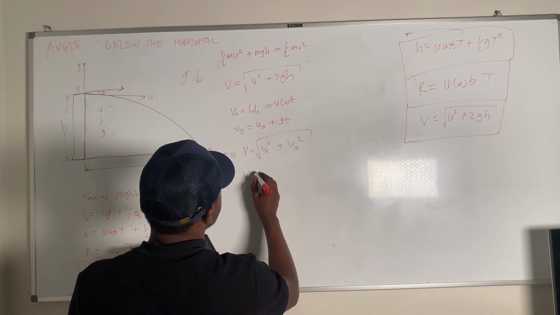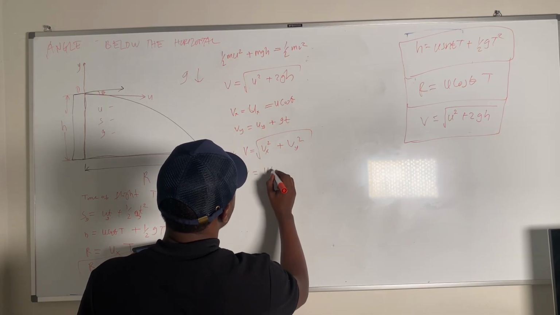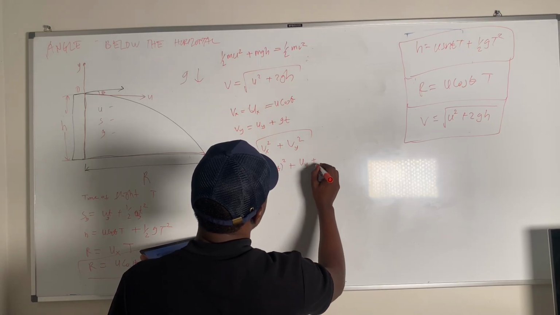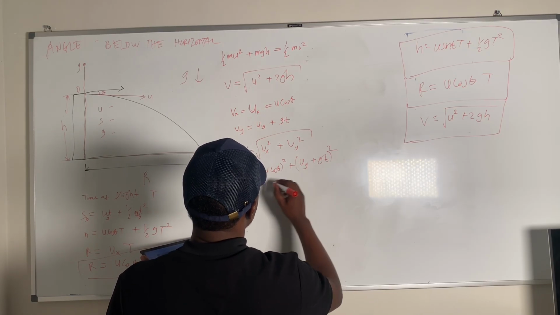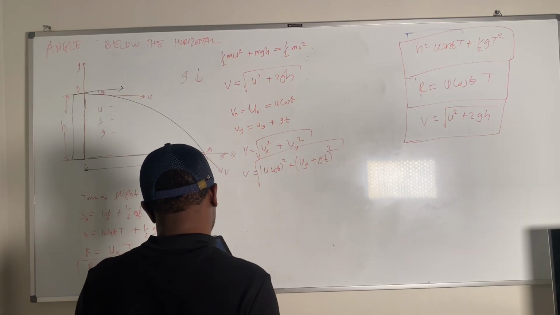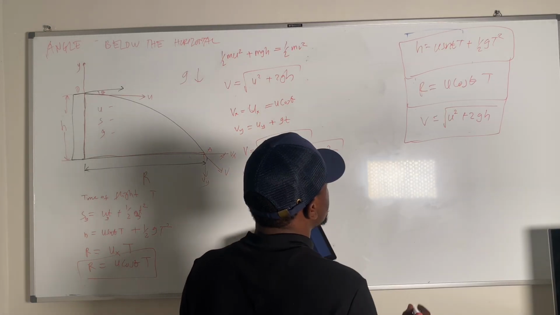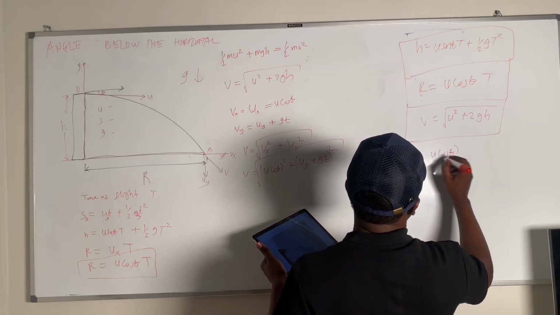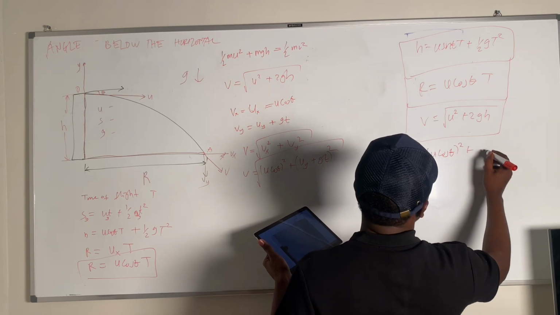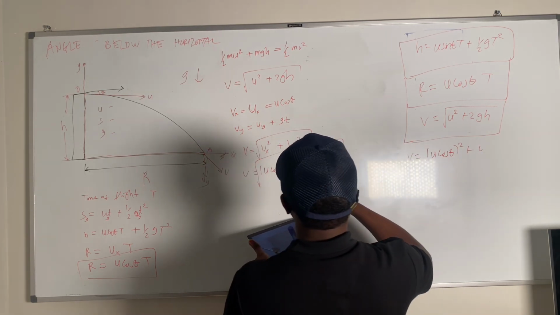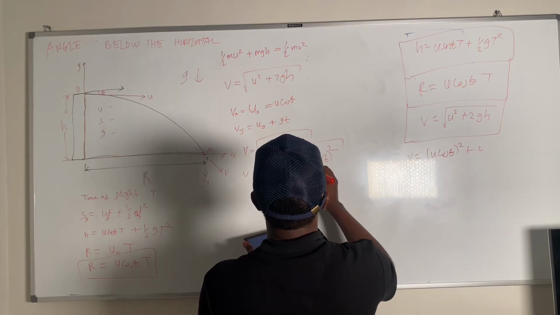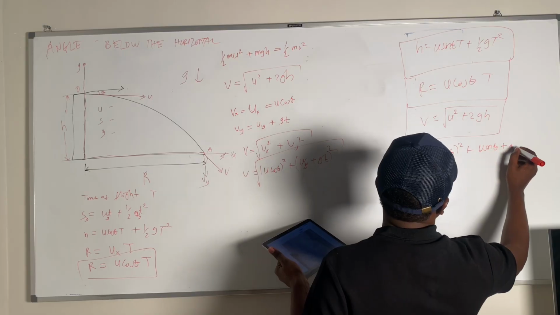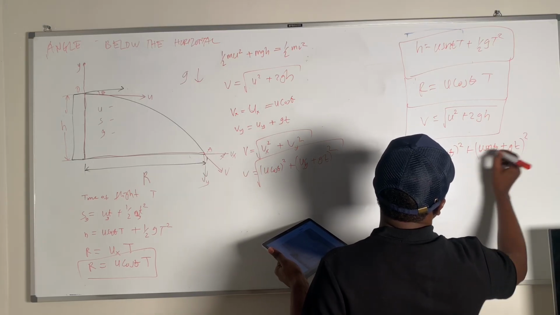So velocity will be equal to the square root of u cosine angle squared plus bracket u of y plus g t bracket squared. This will be the expression of velocity in terms of t. So v is equal to the square root of u cosine of angle squared plus u of y, which is u sine theta, plus g t, this whole thing squared.